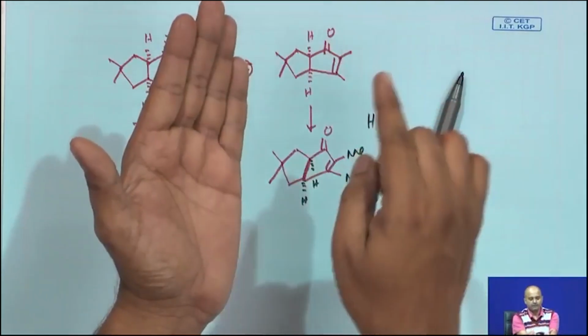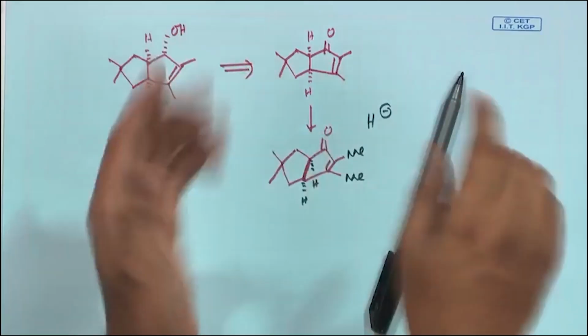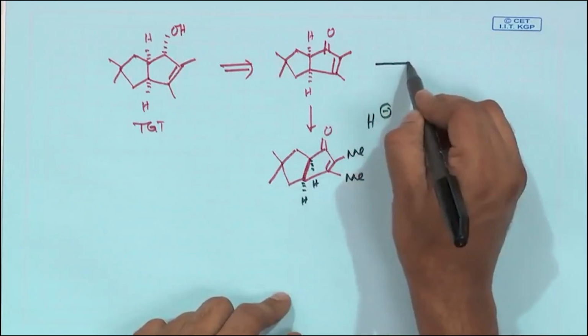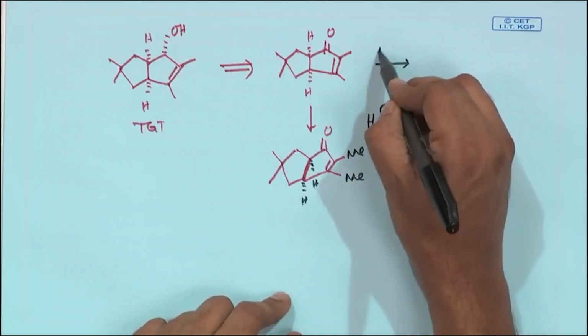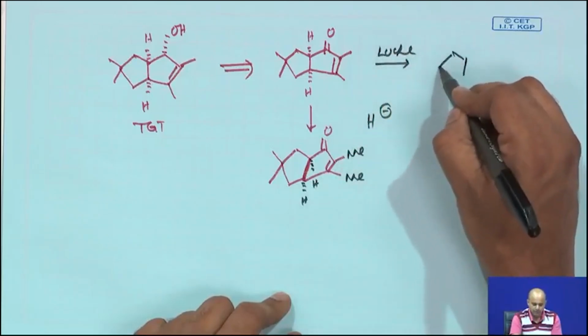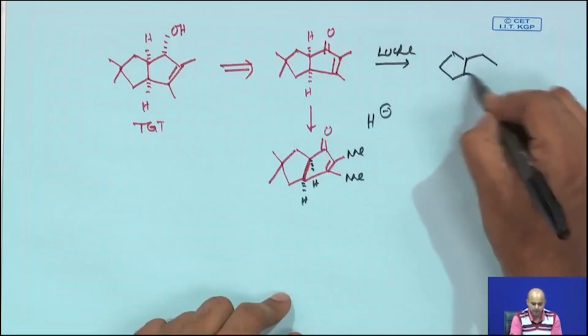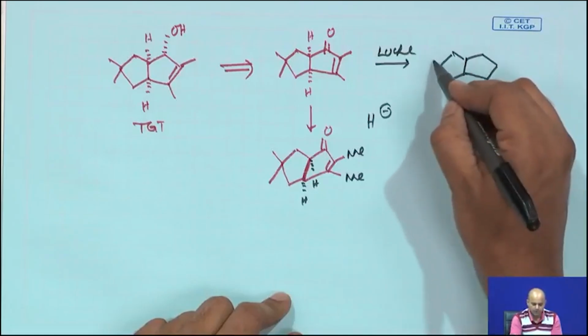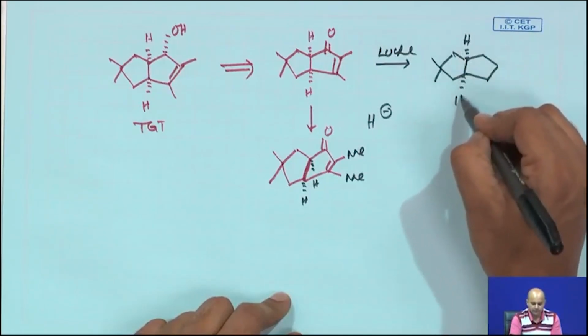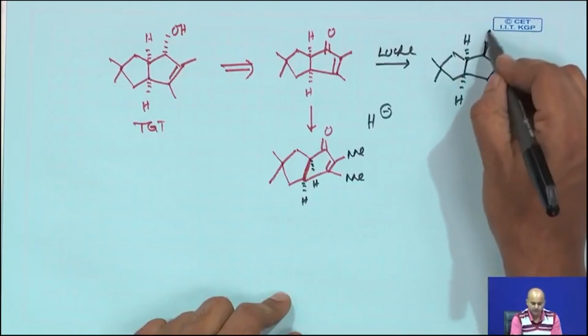So, the top face is basically blocked. So, hydride has to come from the bottom face. So, if you now do a simple Luche reduction, you will not get the required compound which was desired. You basically get this compound.